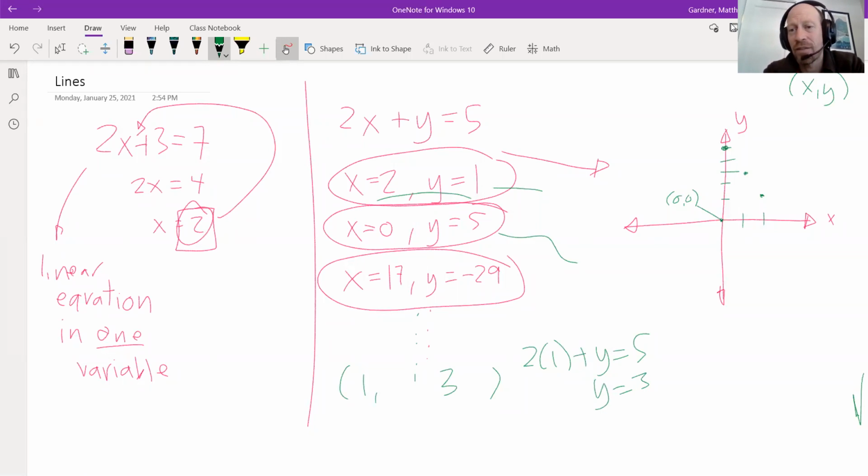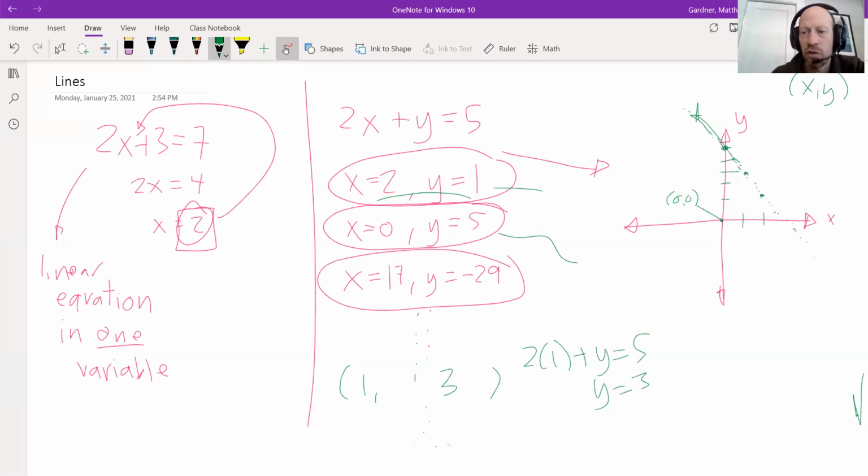Now, if we had lots of time and motivation and interest, I could keep finding more and more solutions. What would happen is those solutions would begin to fall on these dots, these points, and it turns out they would all fall along this line.